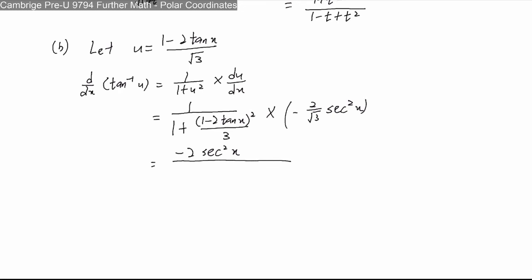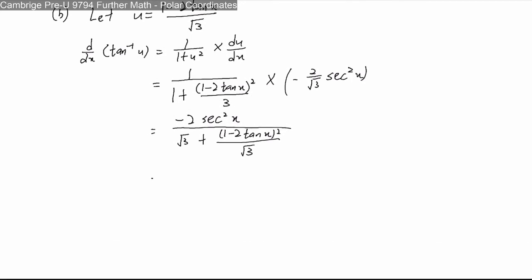We multiply the root 3 to the denominator. What we get is root 3 plus 1 minus 2 tangent x, the whole thing squared, divided by root 3. To make everything nice, we multiply both numerator and denominator by root 3.